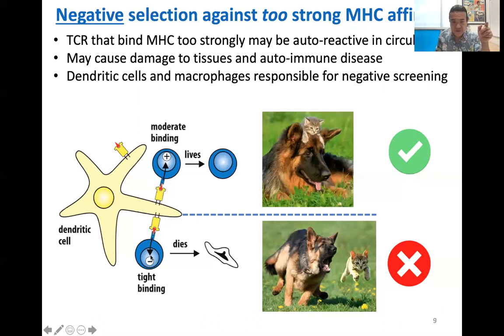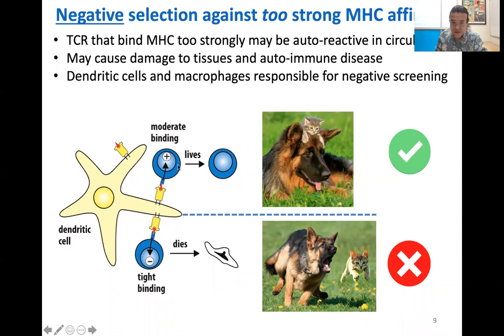However, if you have thymocytes that bind too tight, almost too aggressively, you don't want that either. So those super tight binding ones, they die. And I know you're thinking, that's so weird, how do these cells know the difference between moderate binding and tight binding? Again, it just has to do with how much time the thymocyte is exposed to messages coming from the dendritic cell that it's interacting with.